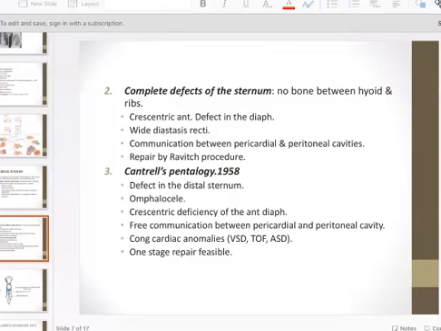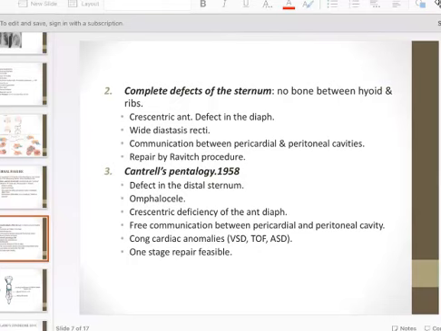Another thing, this is approximation. There is an upper fissure or maybe a complete one. The Cantrell pathology means five things. Cantrell's pathology, in 1958, he said there is a defect in the distal sternum. Here he has omphalocele, or the abdominal bowel coming out of the abdominal cavity, or maybe you have a deficiency of the anterior diaphragm.